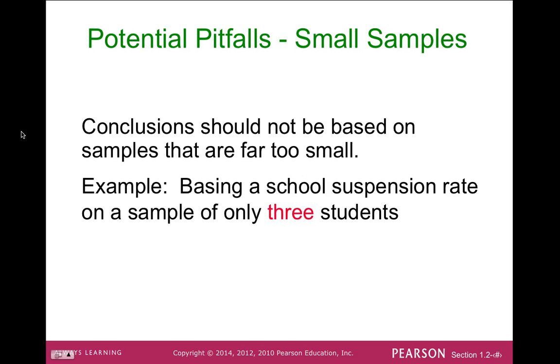What if those 3 students have never been in trouble? Or what if those 3 students are kids that are constantly in detention? It's just not a big enough sample to actually draw a conclusion. And in statistics, it's important to make sure that your sample size is adequate based on your population size. And we'll learn in the course how to determine that.